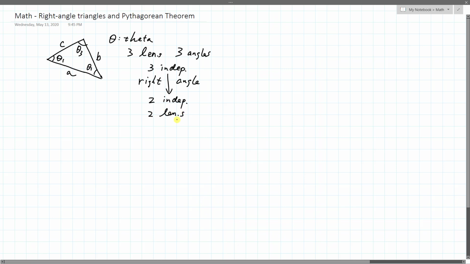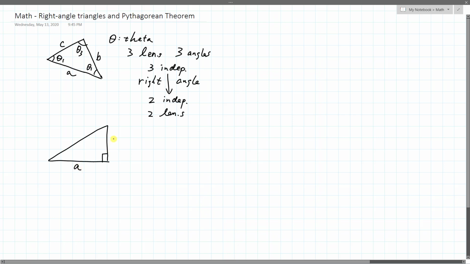So we have two lengths, and that means we can determine the third length and also the other two angles, given that one of the three angles is already a right angle. Let's take a look at what this question would look like. We have two lengths, a right angle, and a third length.